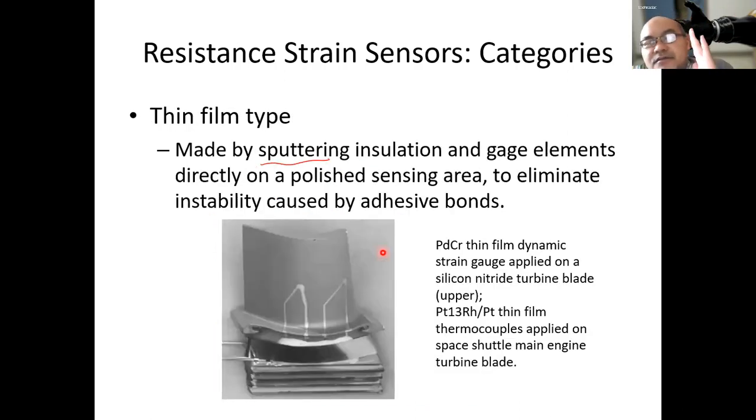So when you directly coat the strain gauge material onto the structure whose strain you want to measure, using thin film, this will make a more stable strain gauge structure on the surface of that material, like here.